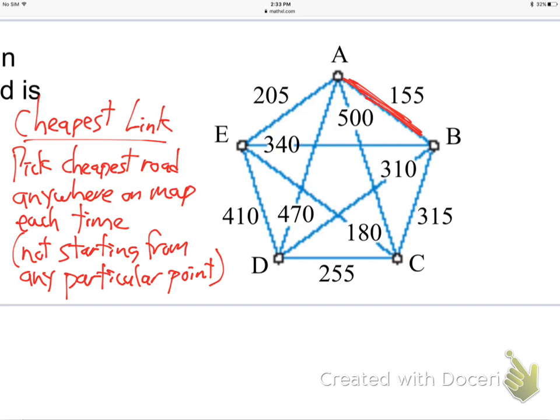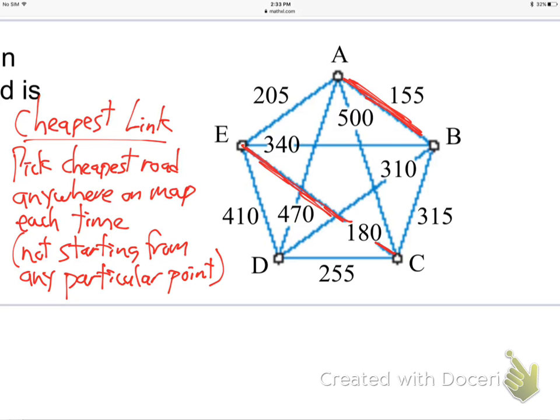Which one's next? Looks like that 180, huh? 180, we good? Even though those don't connect, even though those don't come from any certain city, see this method? I'm just going to keep picking them until they form a loop. So that's the cheapest link idea. You just keep picking roads anywhere.